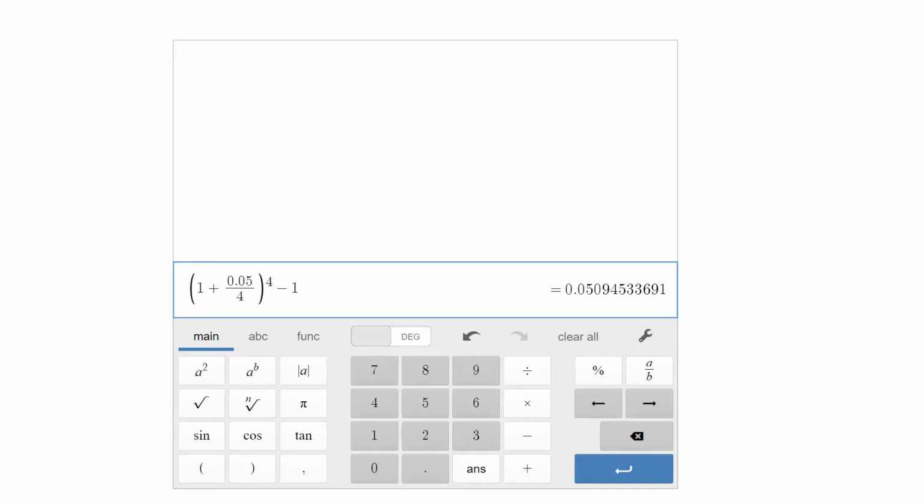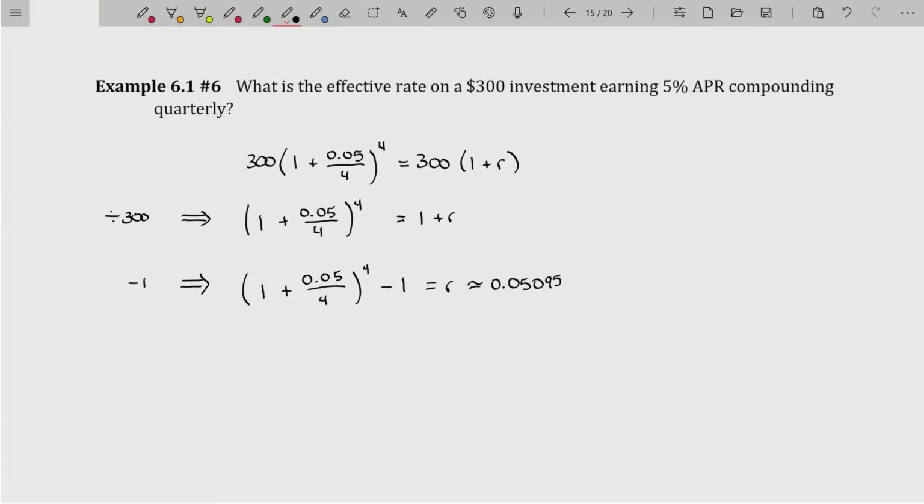So our effective rate is roughly 5.095%. So I'd have to have a higher percentage rate because my investment does not compound quarterly, so I'm not earning interest on interest. Compounding allows you to earn interest on interest, but simple interest does not. It just gives you interest at the end of the year and that's it.